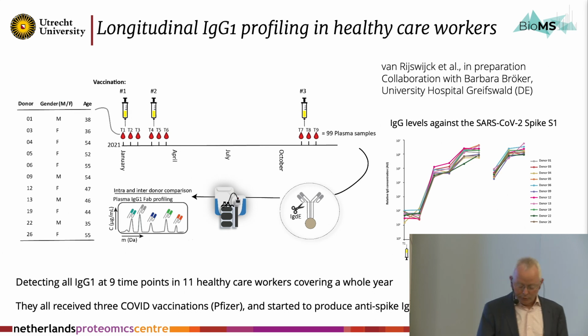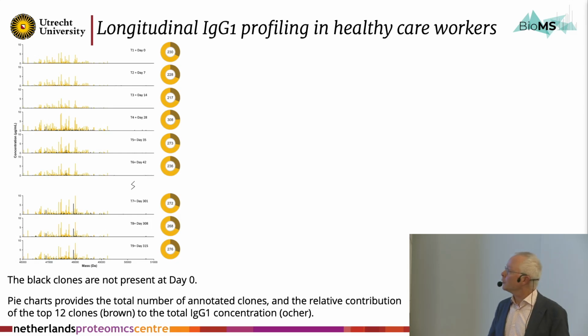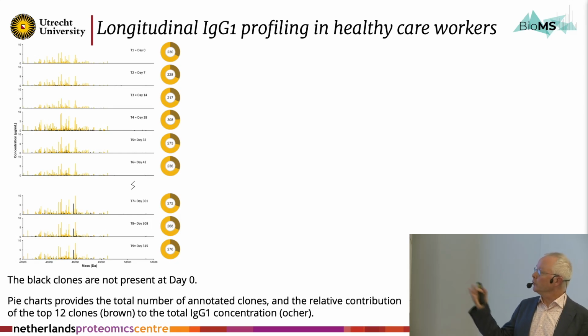So I'm going to show a few examples of our data now, just to start with one. So this is one donor, and maybe you don't see the colors, and maybe you don't even see the figure, but you just have to believe me, they look 9 times identical. So everything that's in this yellow ochreish color is identical.